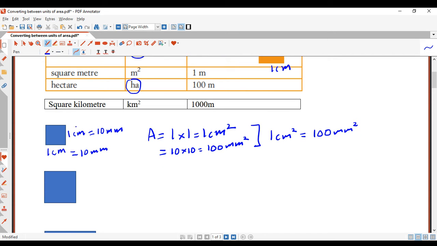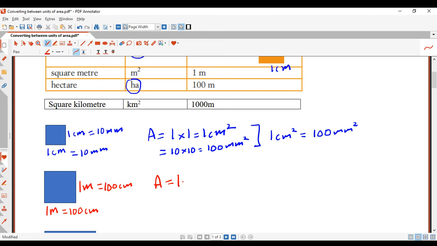Okay, so let's have a look at something else. Let's look at the square metre. Now, these are not to scale, obviously, but imagine I've got a square metre, 1 metre by 1 metre. Now, 1 metre is also equal to 100 centimetres. So I'm going to write that down as well, 100 centimetres. And that's also equal to 100 centimetres. So let's look at the area of this square here. It's base times height.